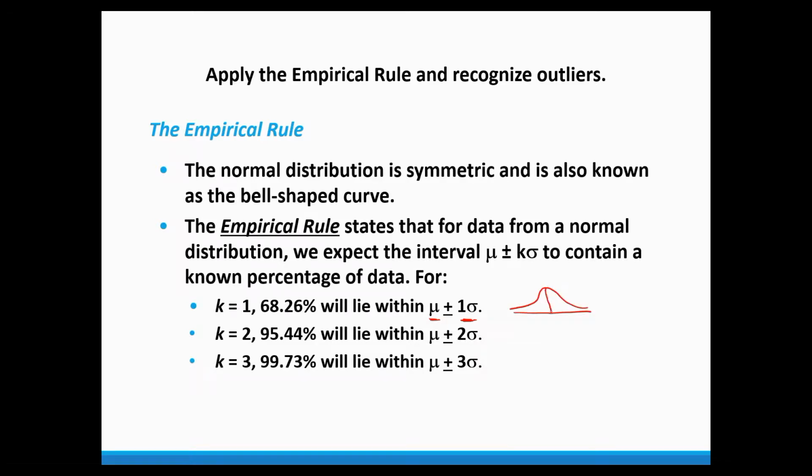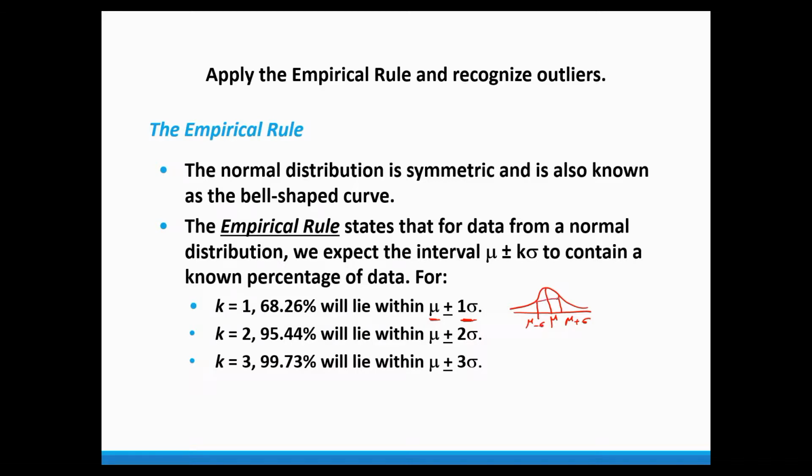So here is the mean. If the data is normally distributed, here it's mu plus sigma, and here it's mu minus sigma.